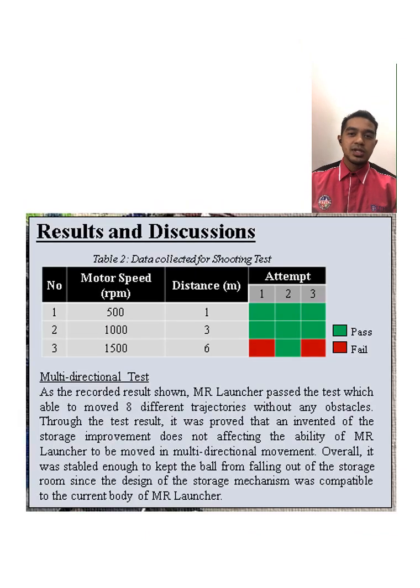Okay, now we proceed to the results and discussion. As we can see here, from Table 2, there is data collected for the shooting test. In this table, we can see that the motor speed was set at 500 RPM, the second one is 1000 RPM, and the last one is 1500 RPM.